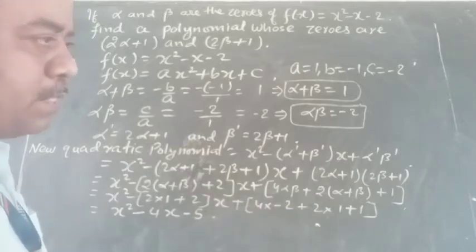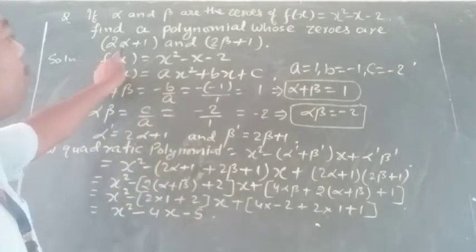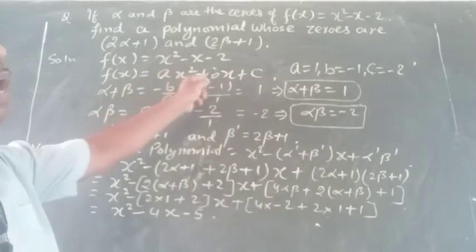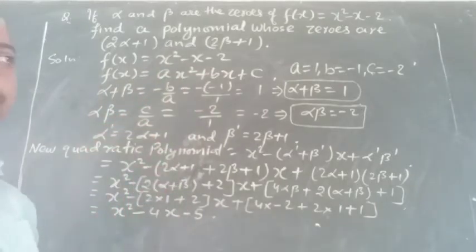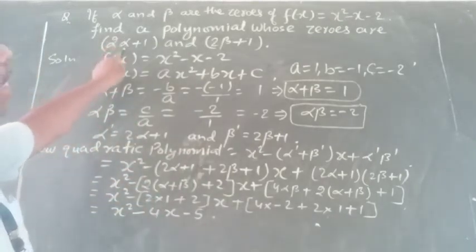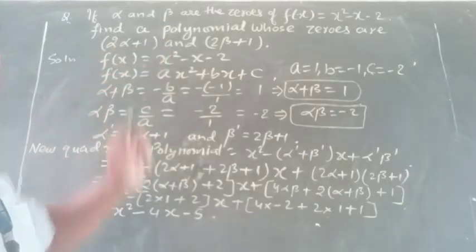And that alpha plus beta and alpha into beta you will apply to get another quadratic polynomial whose roots are 2 alpha plus 1 and 2 beta plus 1.